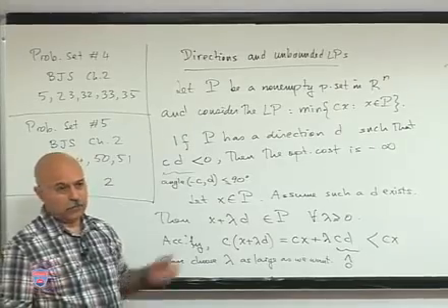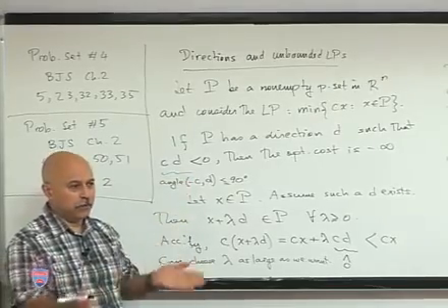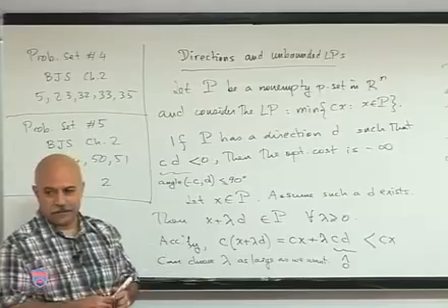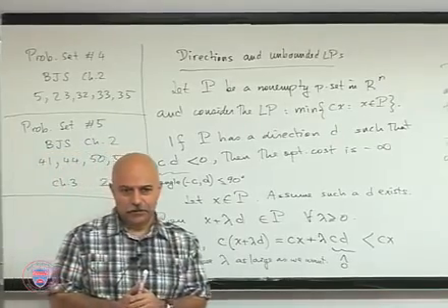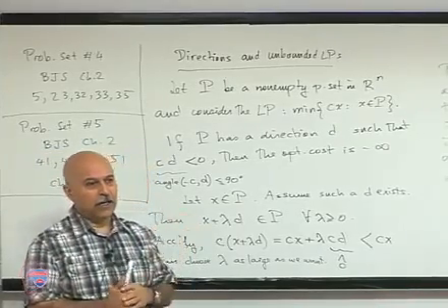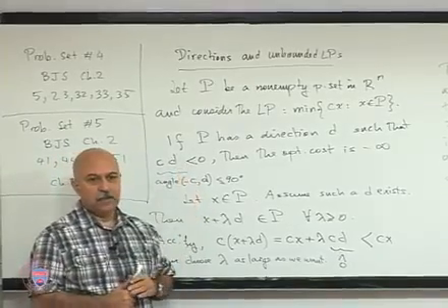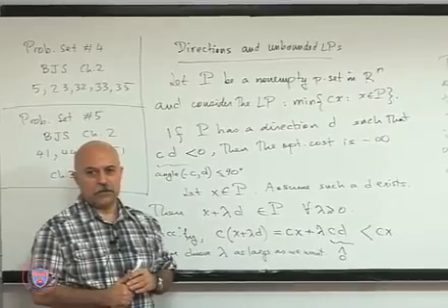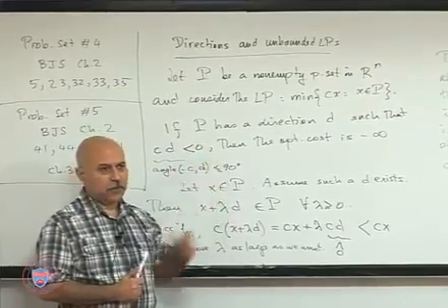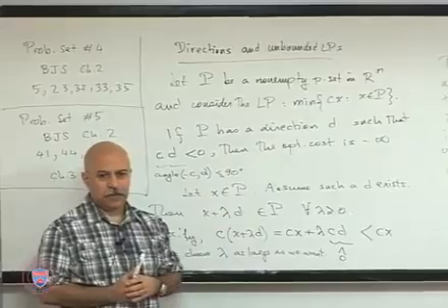So you want to be able to do this using a finite set of directions rather than infinitely many directions. It turns out that there's a subset of the directions of any polyhedral set which actually accomplishes what we're trying to accomplish.